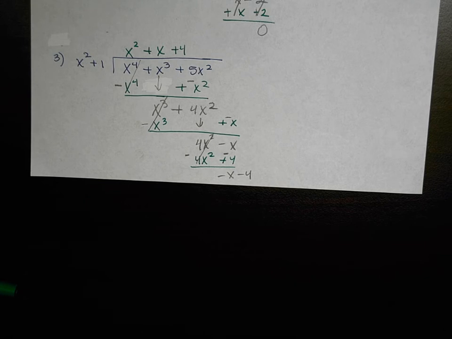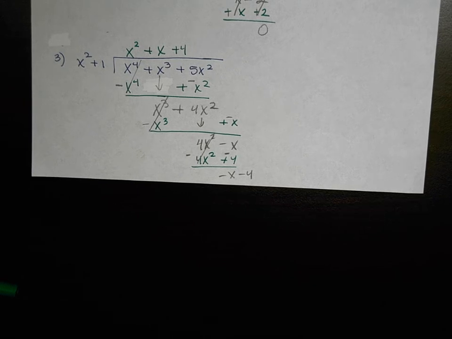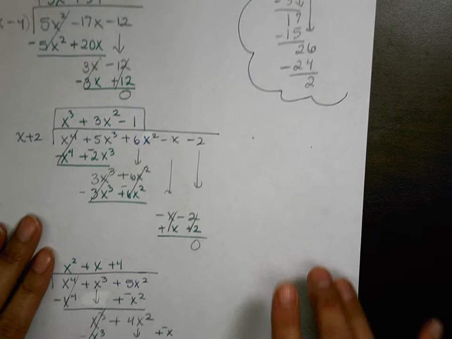Can I continue, since I only want positive exponents, using only positive exponents? No, right? X squared times nothing is going to give me x, or negative x, right? That is my remainder. And I don't put r, remainder negative x minus 4. I'm going to write it like I did here.